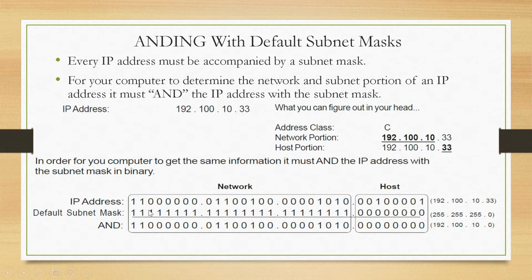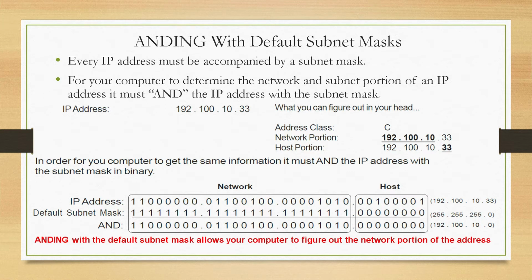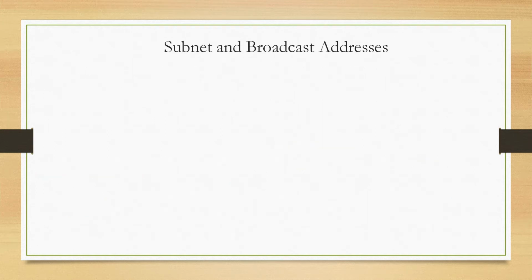If you AND this, the first, second, and third octets will be your network, and the octet with all zeros will be your host ID. So ANDing with the default subnet mask allows your computer to figure out the network portion of the address.